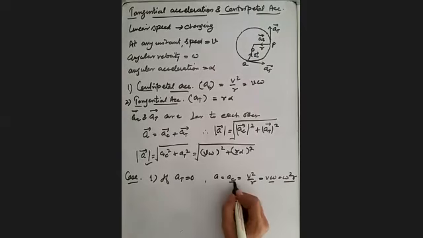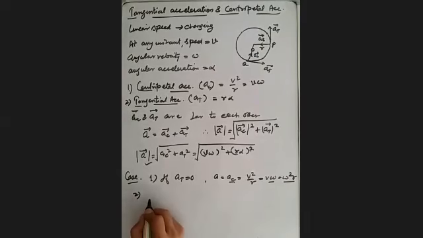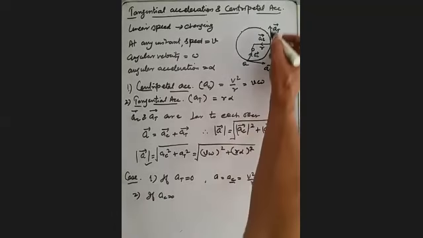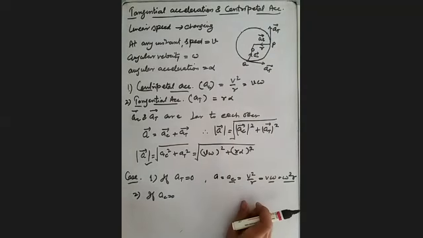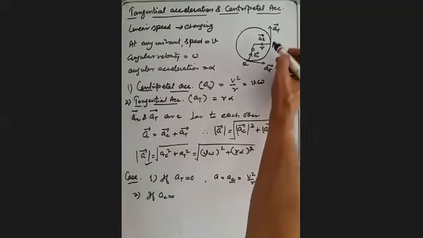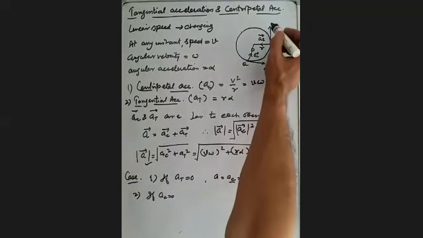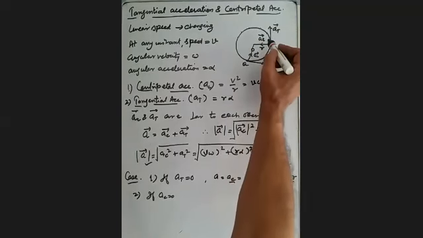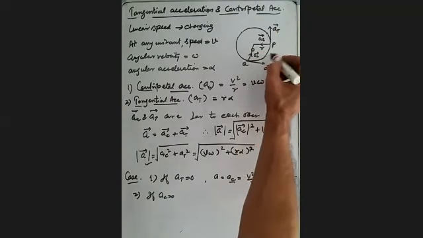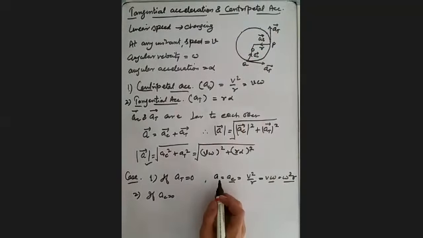Now case 2: if AC is equal to 0, that is the centripetal acceleration is equal to 0, that means only tangential acceleration is acting on the particle. So when only tangential acceleration is acting, the particle is moving along a straight line, not along the circular path. Because whenever the particle moves along a circular path, there is always a centripetal acceleration.